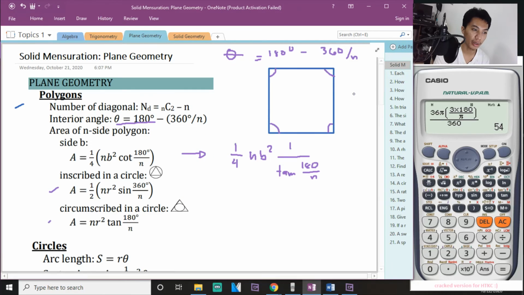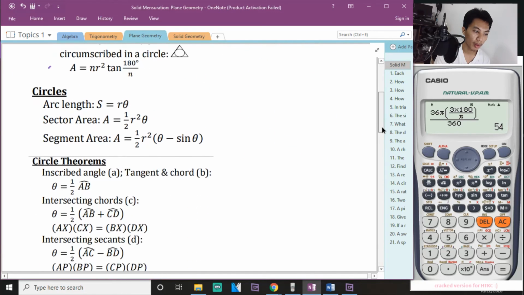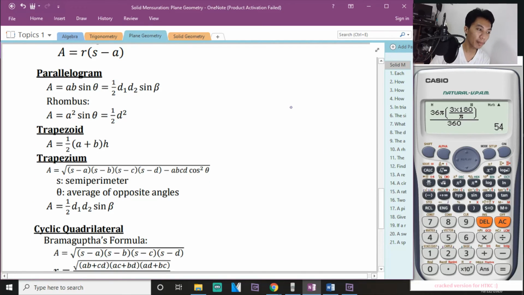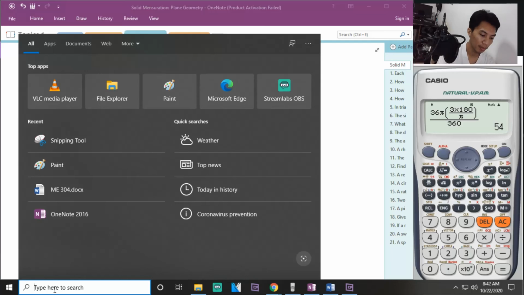Sir, balik tayo dito. The area of your rhombus or any parallelogram is given by this formula.